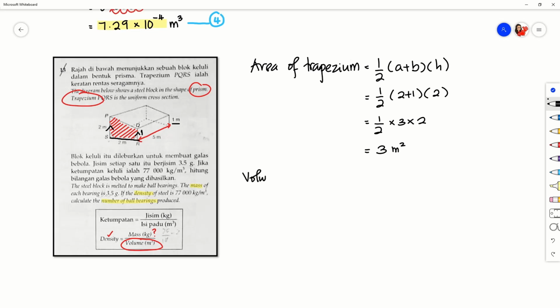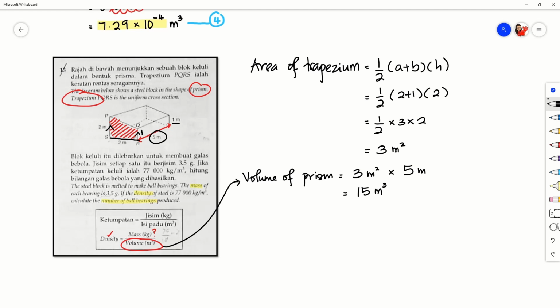Volume of the prism is the cross section, which is the area of the trapezium, 3 square meters, times the height of the prism, which is 5 meters. So that means 15 cubic meters. So that means now I found my volume.